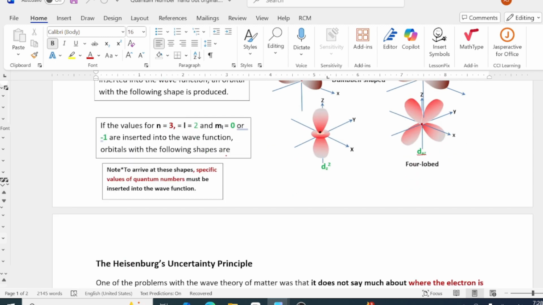If the values for n equals 3, l equals 2, ml equals 0, or negative 1, negative 2, positive 1, positive 2, are inserted into the wave function, orbitals with the following shapes are obtained. Here you're going to get a dumbbell-shaped orbital that is passing through this donut-like structure here, and four of them will be four lobe structures that are oriented in four different ways along the x, y, and z axis.